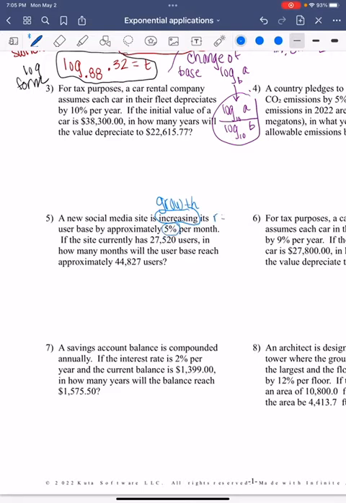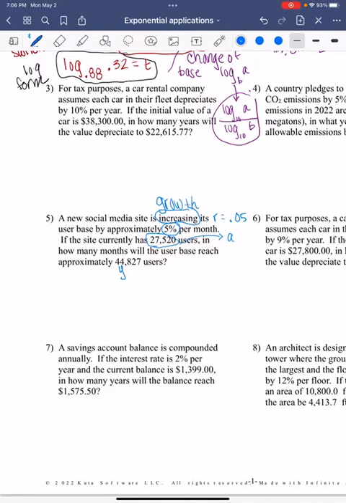So R is 0.05. The site currently has 27,520 users. That's your A. That's your starting amount. How many months will the user base reach approximately 44,827 users? So this is going to be my Y. That's going to be my ending amount.